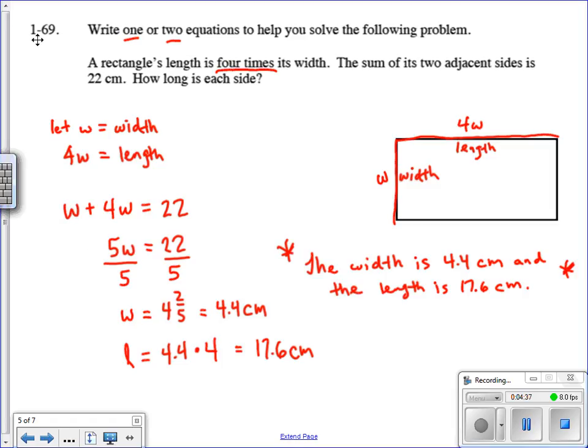And it's done. That's problem 1-69. If you need help with this, make sure you ask your teacher.